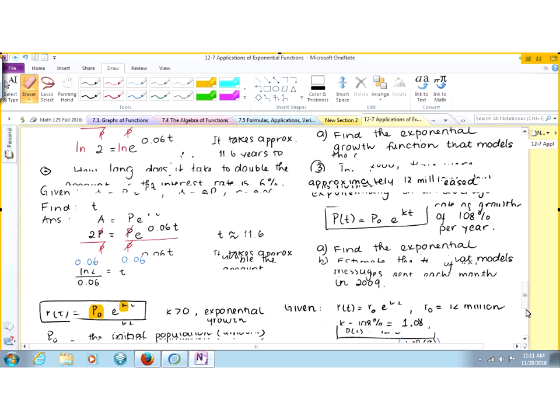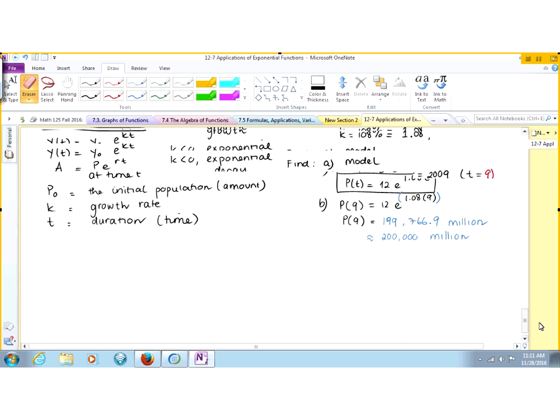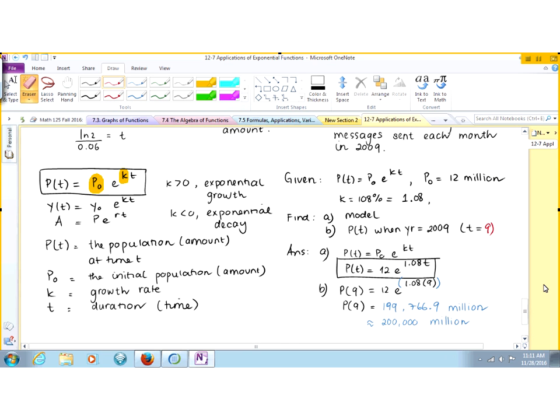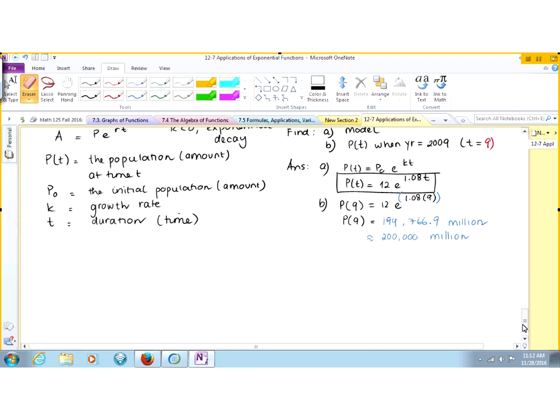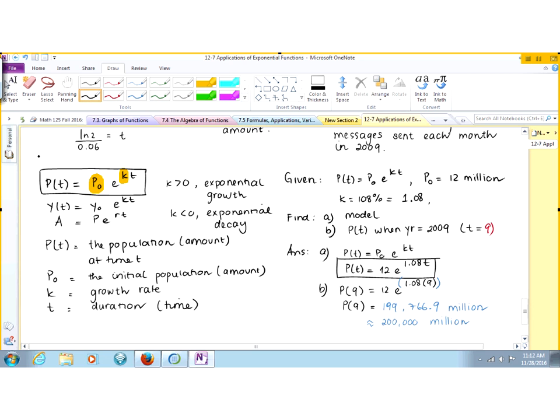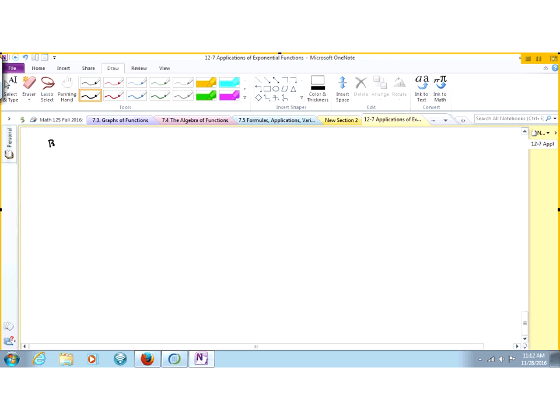Hold on. Oh, okay. Yes, got it. So this is exponential growth, yeah. And then so this is B2, exponential growth. And then B3 is exponential decay.